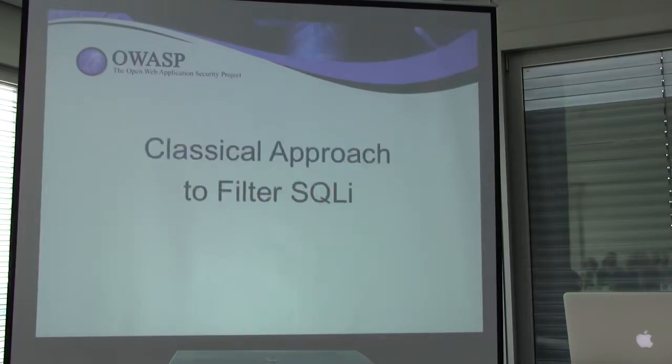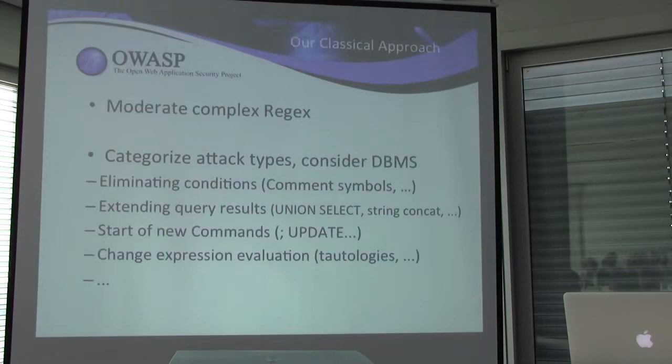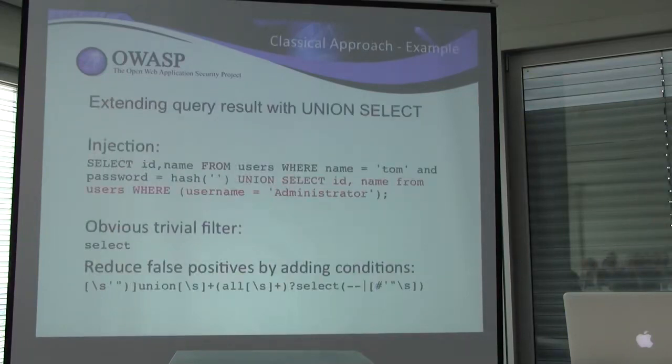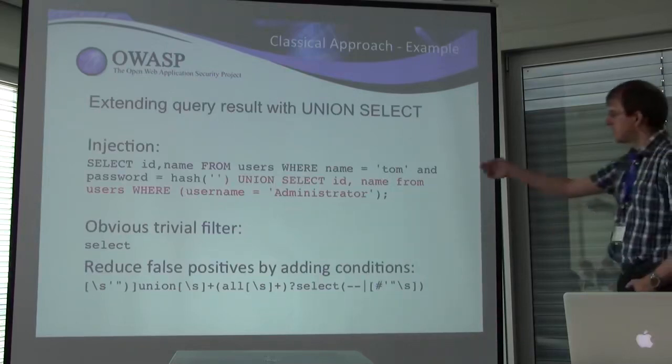So the classical approach to filter SQL injection, that's basically what we do actually. We have moderately complex regular expressions. We categorize these expressions according to the attack types, and in these several categories we consider different database management systems, for example, how the comment symbol looks in these databases and so on. One example: extending the query result with a union select. Again, the red part is the injection.